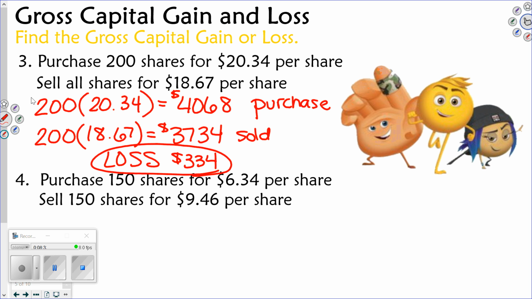So number 4, purchase 150 shares for $6.34. Sold 150 shares for $9.46. That's a gain. Good. But same idea. They didn't give me how much I purchased and how much I sold them. So my purchase, I'll just use a P because I'm lazy. 150 times 6.34. How much did I pay when I bought all those?